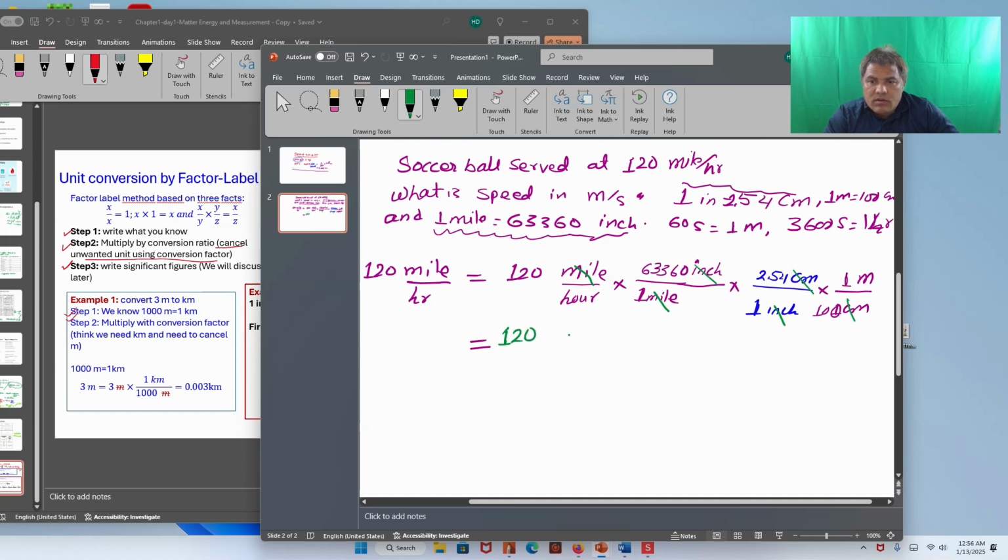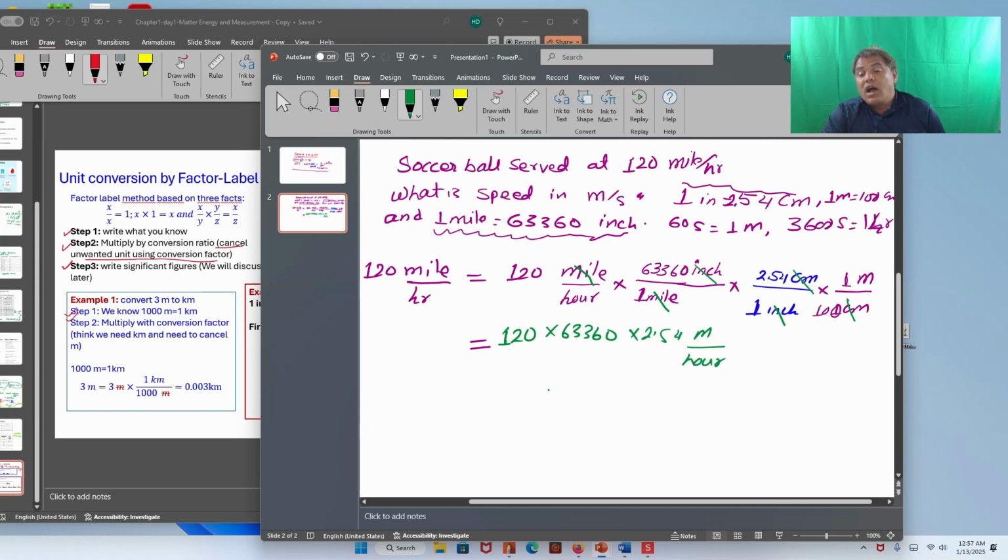120 times 63360 times 2.54, and is there anything to divide? No. So meter per hour.